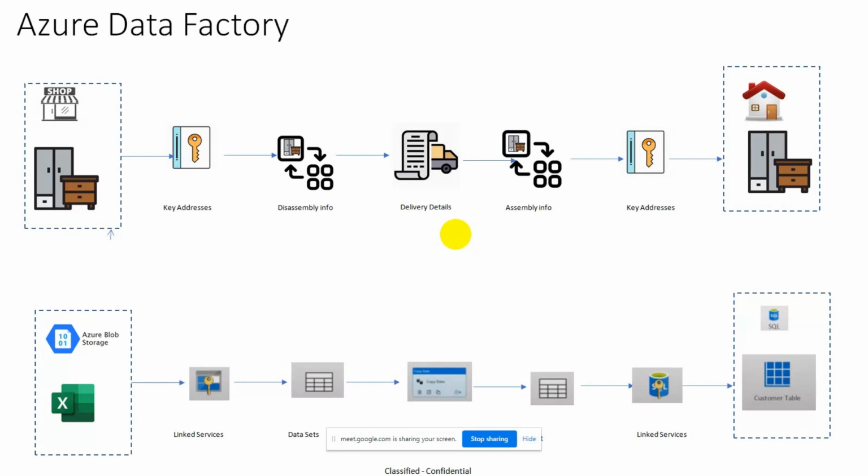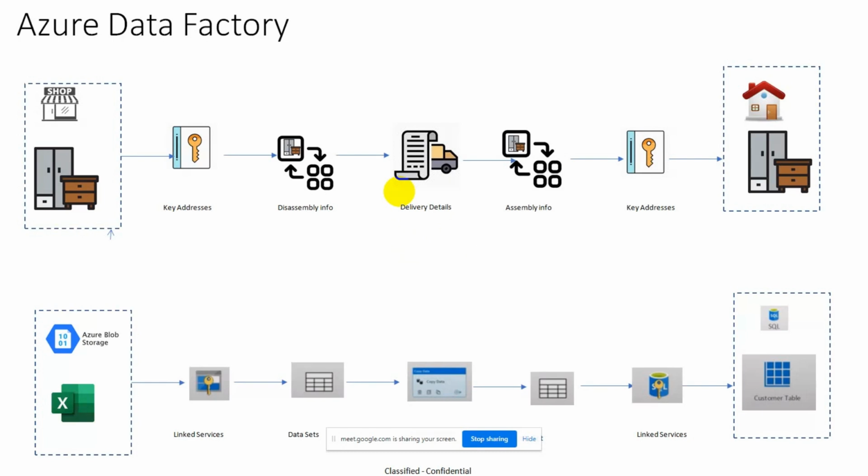Now when we go to our house, we will assemble this furniture once again and place it in the house. Correct? If I replicate the same thing, this is one delivery objective. So a delivery person is doing this delivery. This kind of delivery can be done in n number of places, so there will be n number of delivery men.